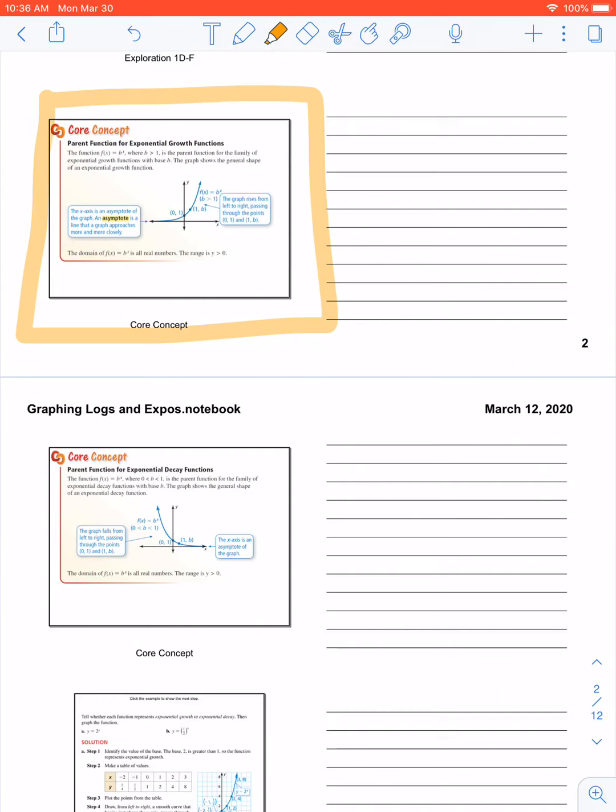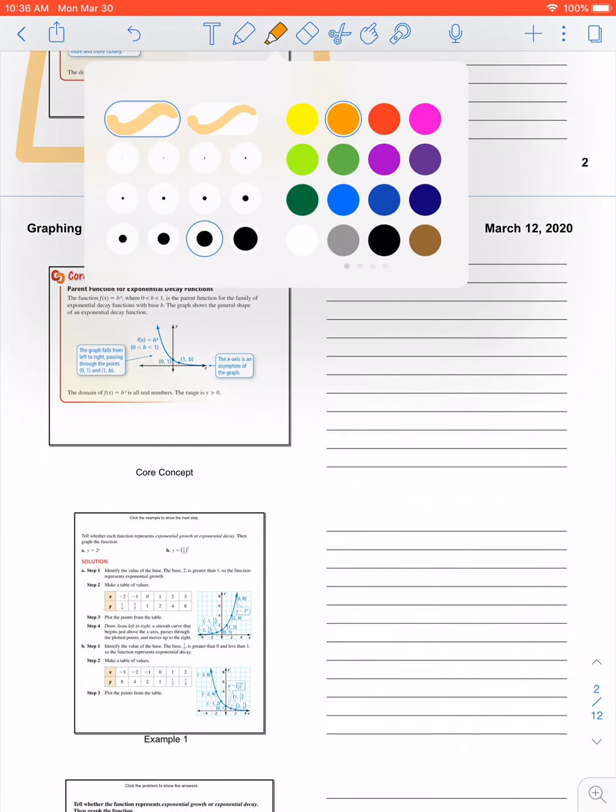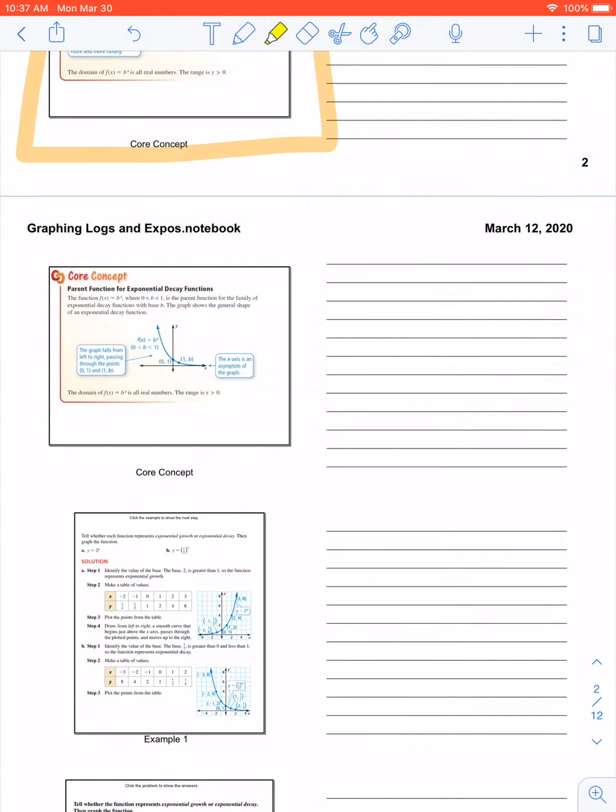That means when you look at the graph left to right, the graph is going up. However, if the letter B is between 0 and 1, not negative, but between 0 and 1, then it's going to be exponential decay. So the graph is going from left to right, going down, getting smaller.